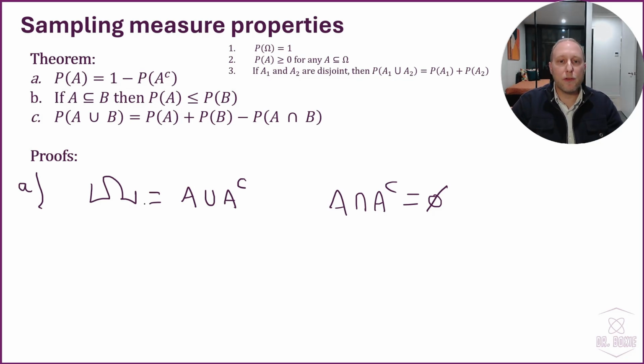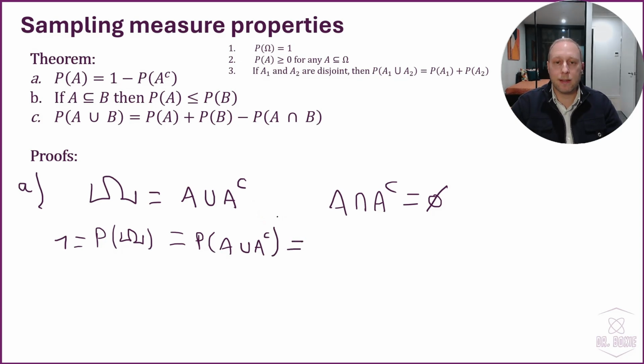Now, using the first property of probability measures, we know that the probability of omega is 1. Now, the probability of omega can be written as the probability of A and the complement of A. And because they are disjoint, using the third property of probability measures, this can be written as P of A plus P of A complement. And this proves part A of the theorem.